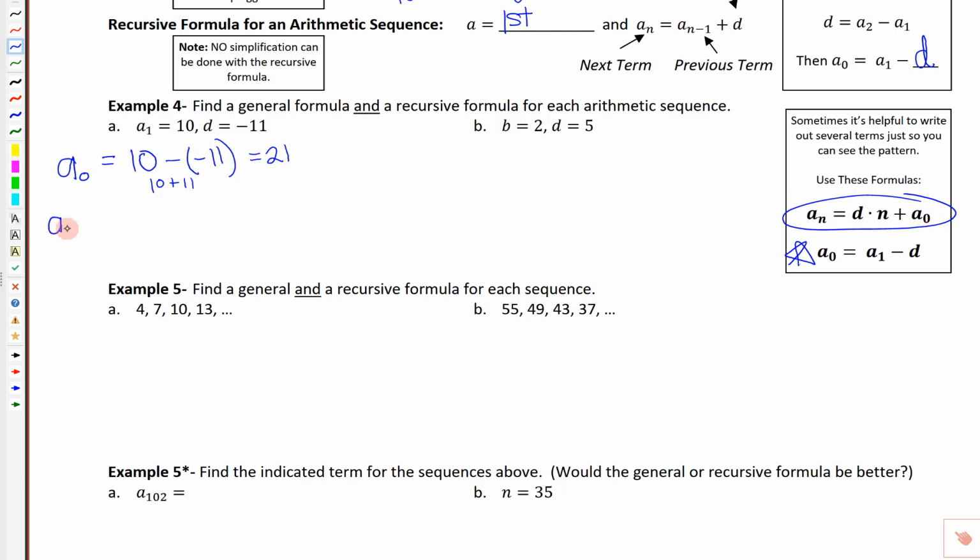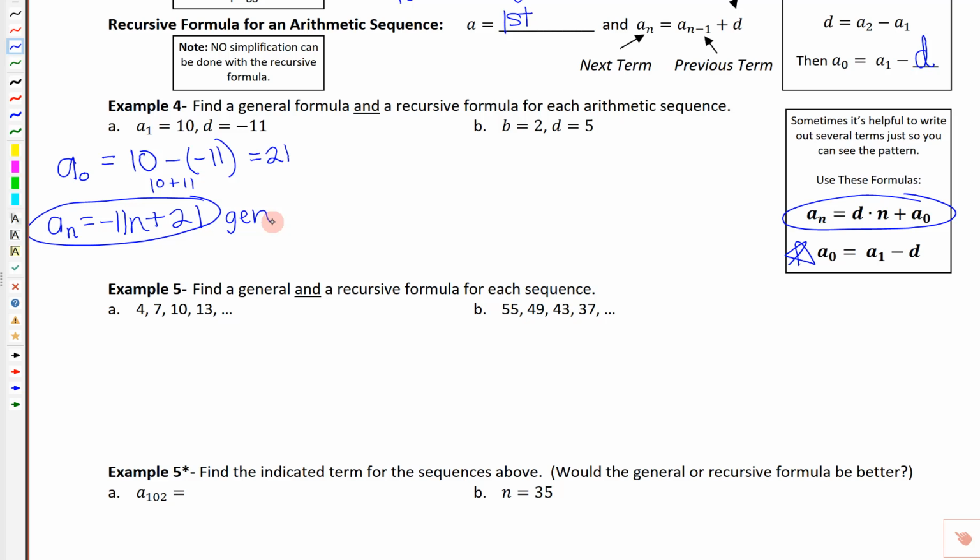So we say a sub n equals our difference, negative 11, multiplied by n, plus our a sub 0 that we found. So this would be plus 21. And that would be my general formula.